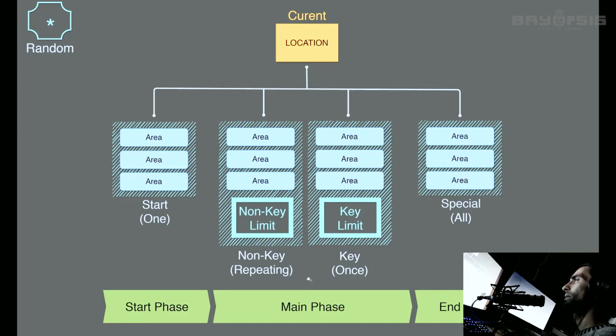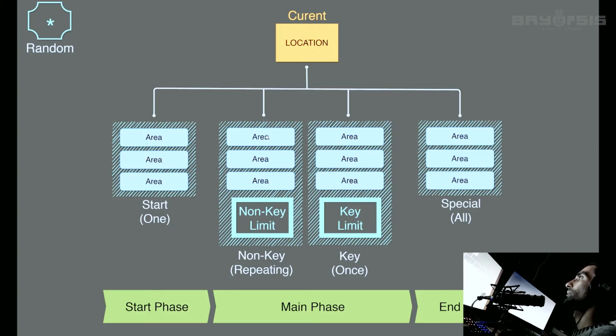The main phase has 2 types of areas as a list, as a pool: the non-key and the key. The key areas are used only once. The non-key can be used many times. They're repeating in a way. They are refillable actually.